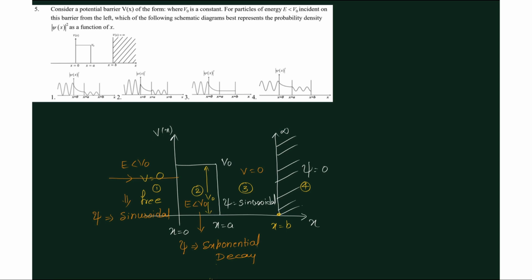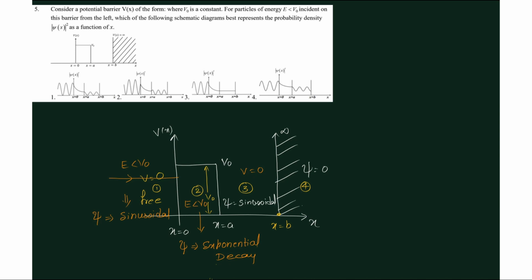The reason is, whenever you represent the wave function or probability, we have to represent the nodes, that means touching the x-axis. If it is not touching the x-axis, the amplitude can't be taken as 0. So the wave function must touch the x-axis. So your option will be either 1 or 2.